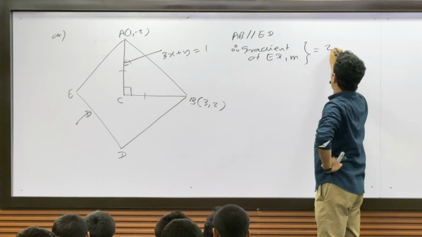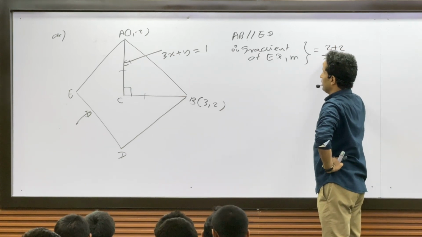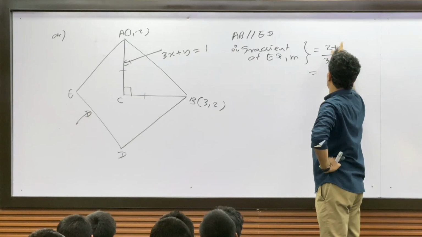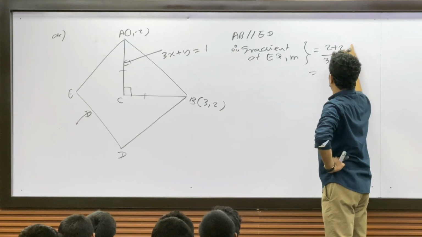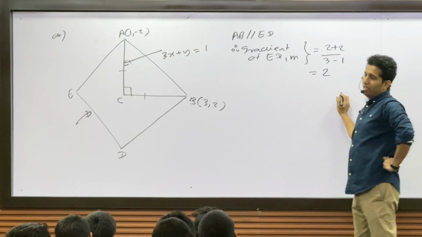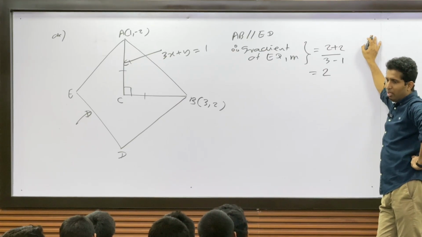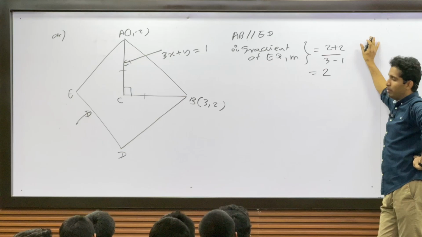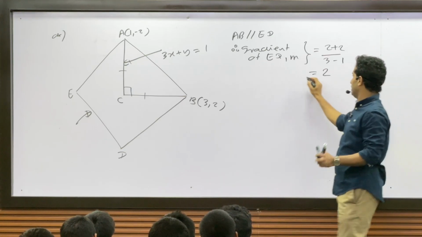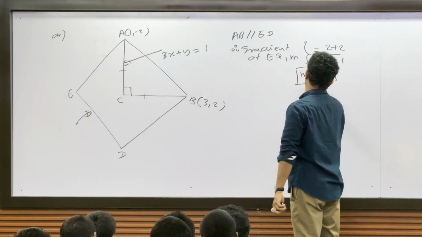Now 2 plus 2 divided by 3 minus 1, so 4 over 2, that's 2. If any of you have taken an equation in the form y equals 2x plus something, there is a possibility it is correct, because the gradient should be 2.